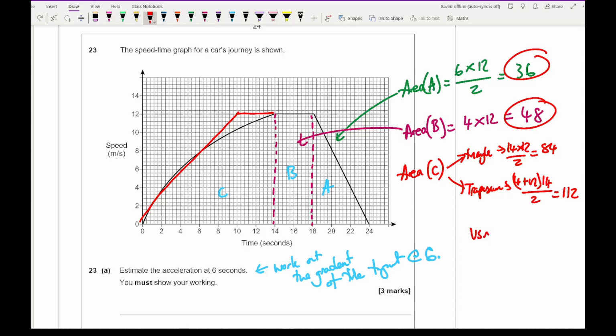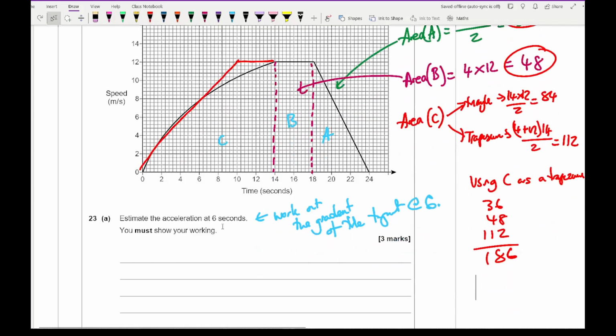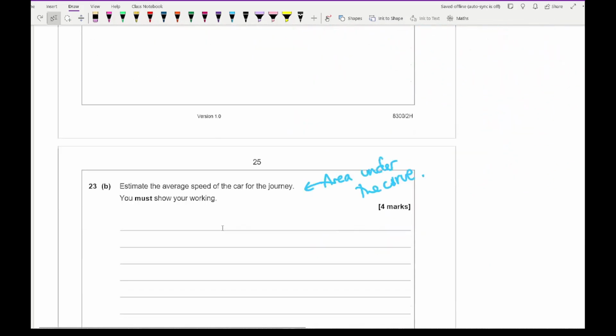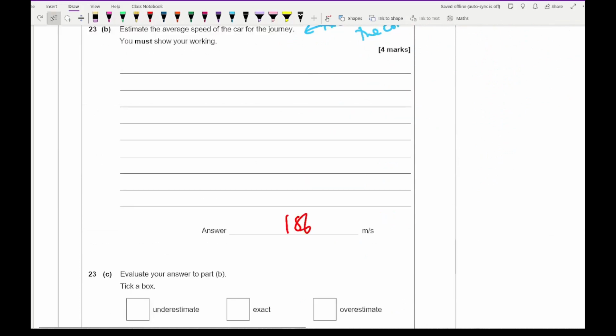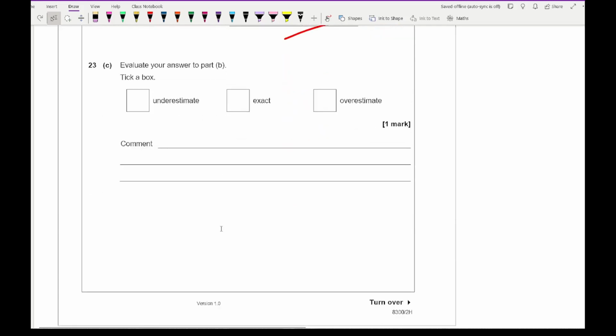Using C as a trapezium, we get 36 plus 48 plus 112, which gives me 6 plus 8 is 14, plus 2 is 16, and then we've got 7, 8, 196 meters per second. Then moving on to question 23C, the question is asking us to evaluate your part in B.